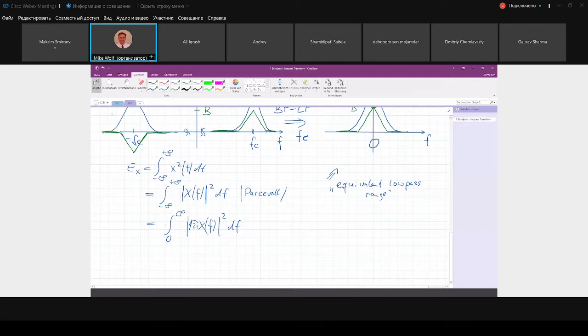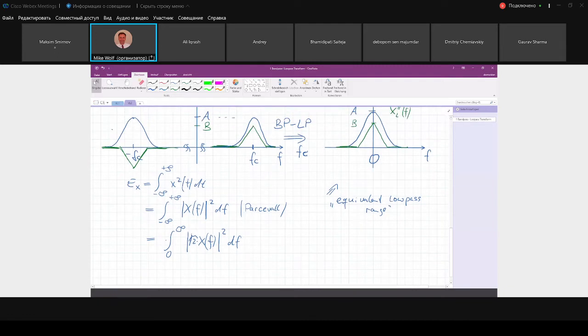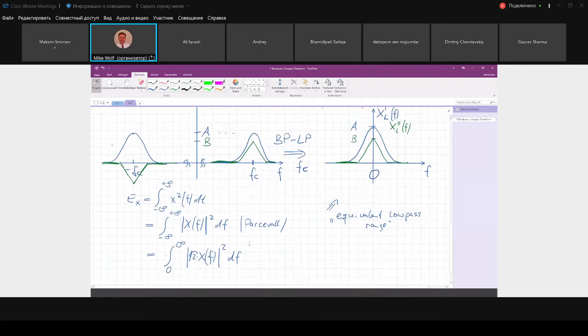So if I weight this X(f) with square root of 2, okay, and integrate from 0 to infinity, I get the same energy. And now, if we go to the equivalent low pass range, here in our university, this lecture, in many books, but not in all books, we do the transform like this, so that we ensure the same energy before and after the transform.